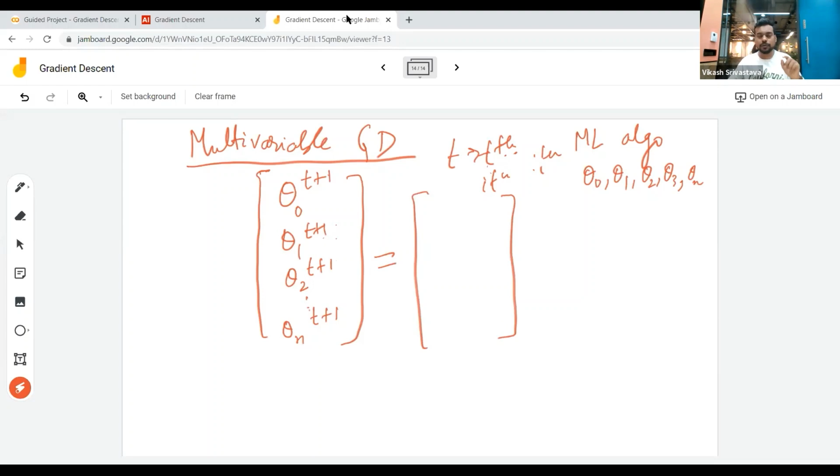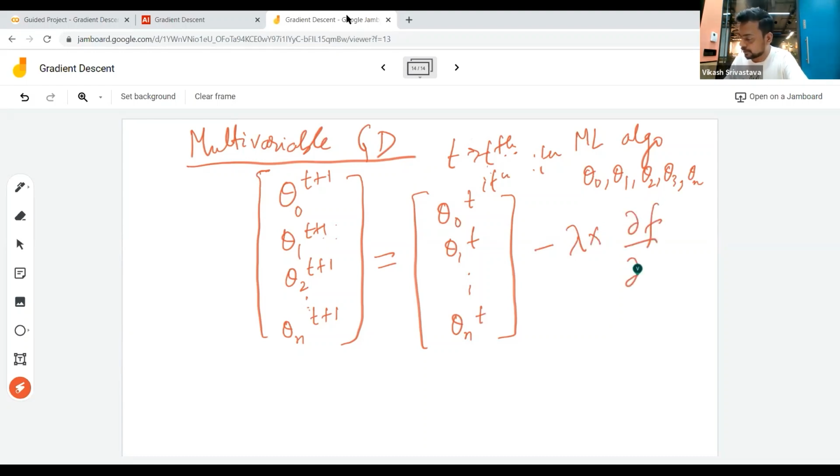Remember earlier we were just having this equation, but now in the case of multi-model, where our model has a lot of model parameters, we'll need to update all these parameters at once. So theta naught t, theta 1 t, similarly theta n t, and then this will be lambda times df d theta.